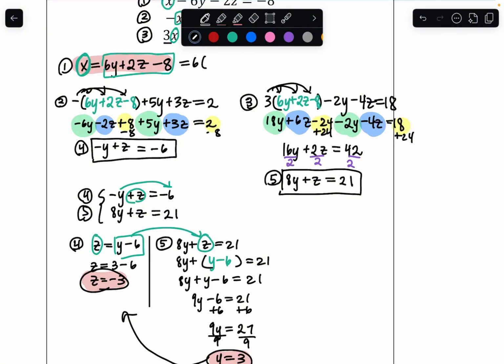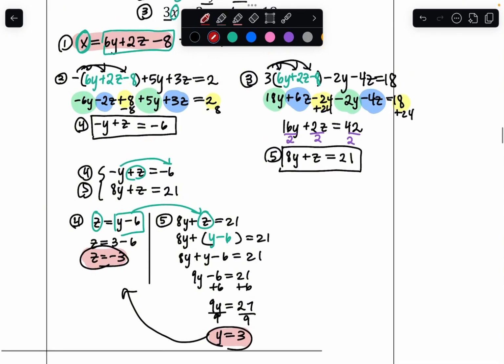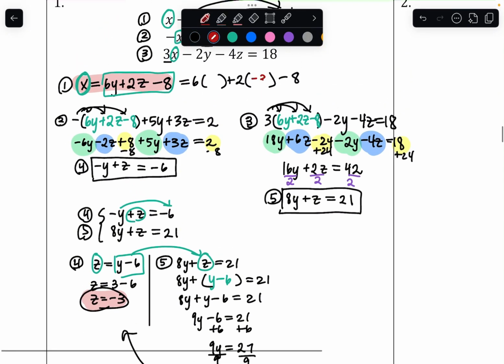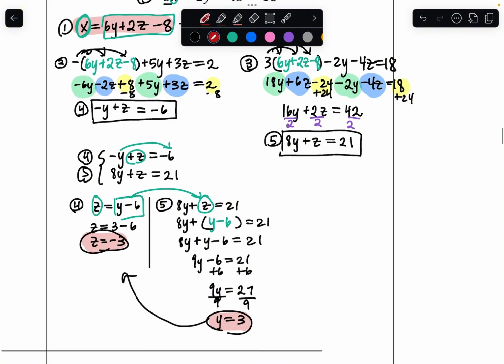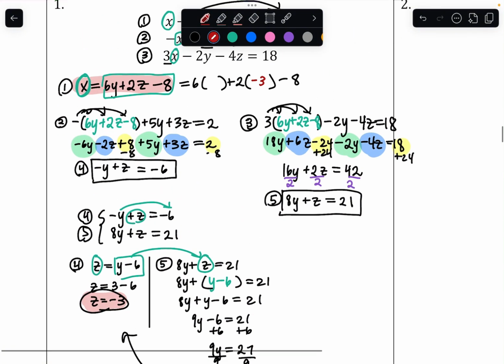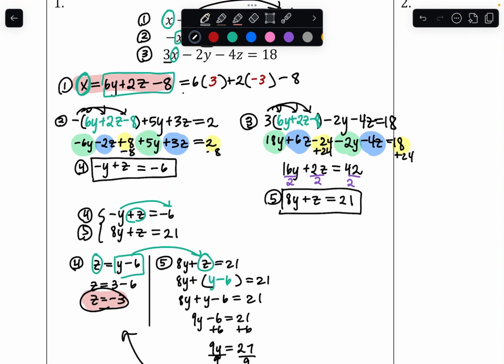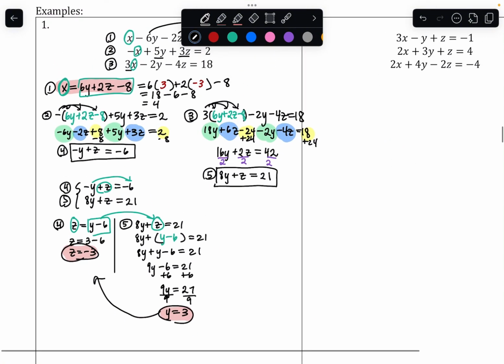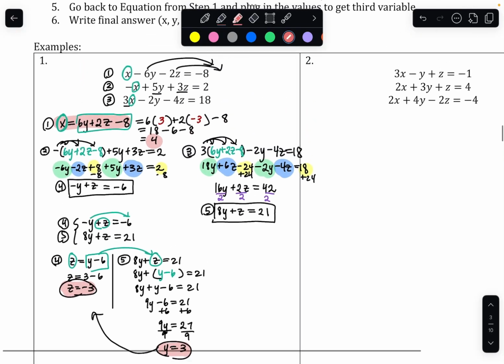Okay, so 6y plus 2z minus 8. But now we know z is negative 3. Make sure you put them in the right place. And we know y is 3. And so we get 18 minus 6 minus 8, which would be 4. Okay, and so x is 4, y is 3, and z is negative 3.